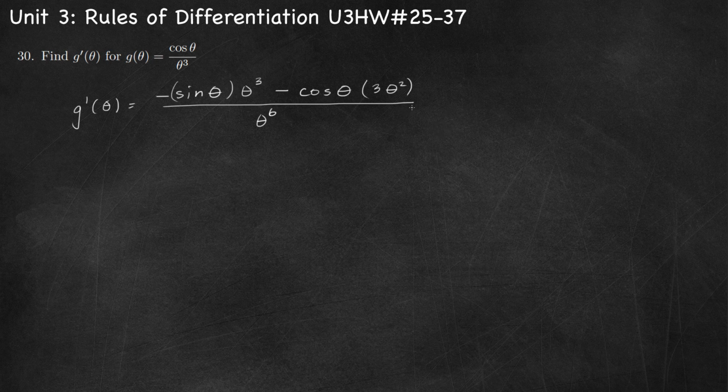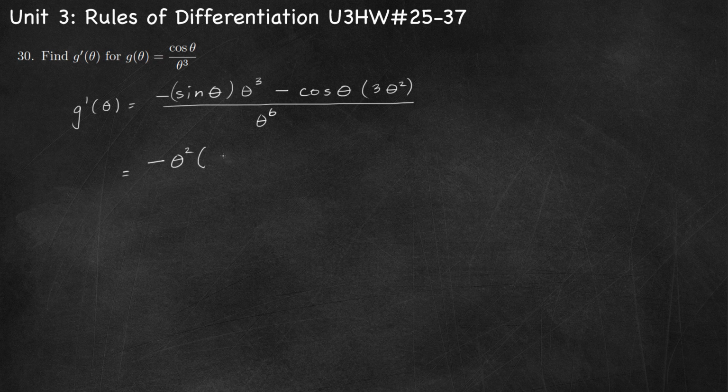Now there's not much I can do in terms of simplifying here. I could factor out a theta squared. Let's go ahead and do that. I'm also thinking about factoring out a negative 1. I'm going to go ahead and factor out negative theta squared from the top.